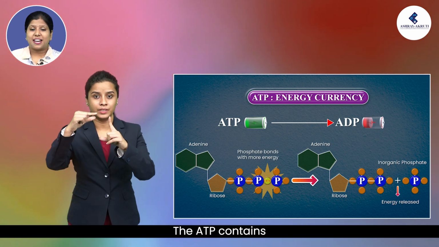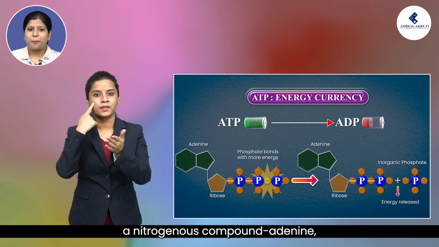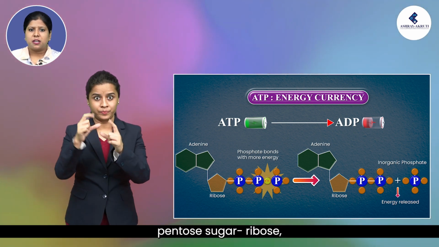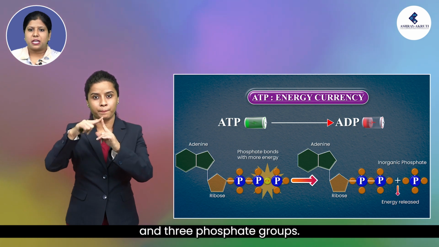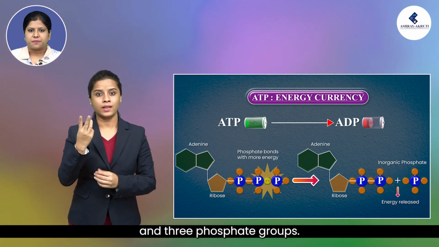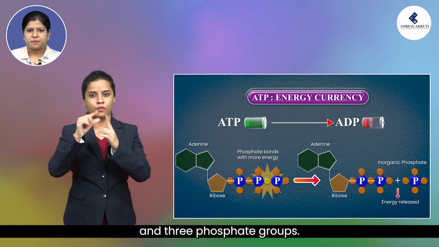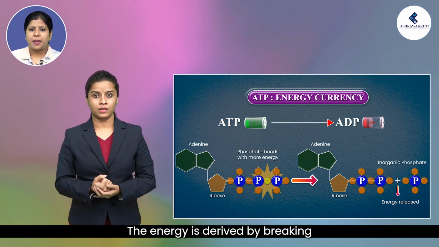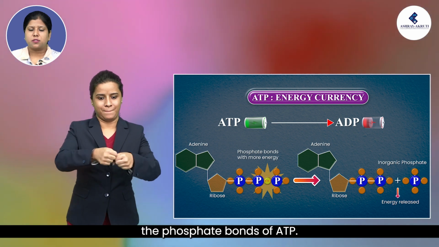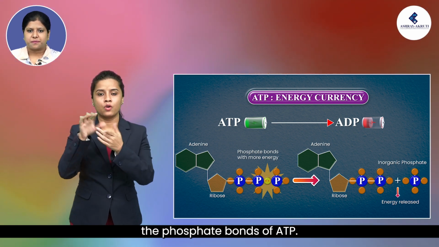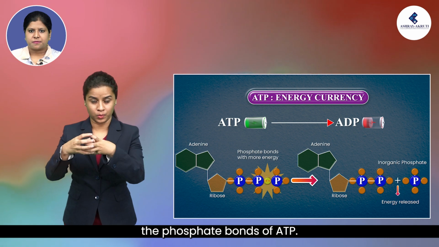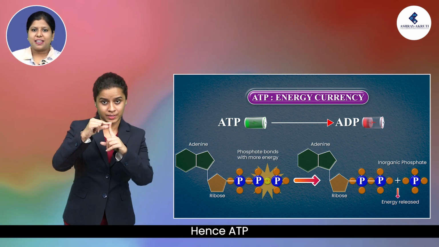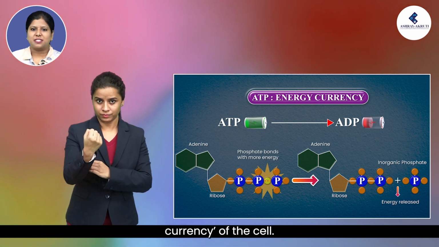The ATP contains a nitrogenous compound adenine, pentose sugar ribose and 3 phosphate groups. The energy is derived by breaking the phosphate bonds of ATP. Hence, ATP is called the energy currency of the cell.